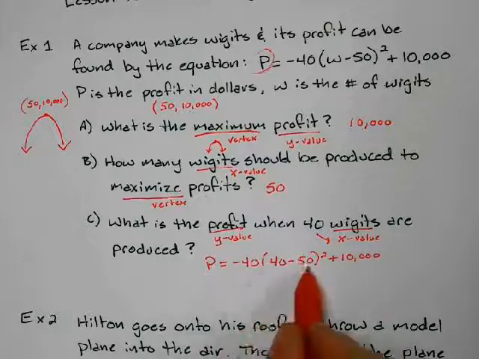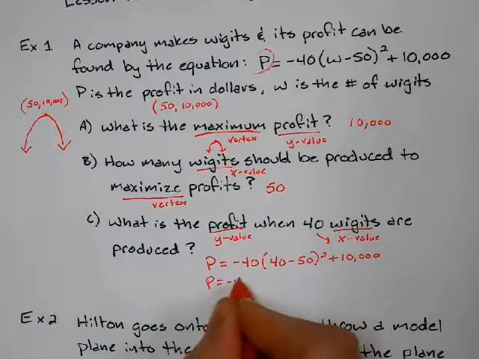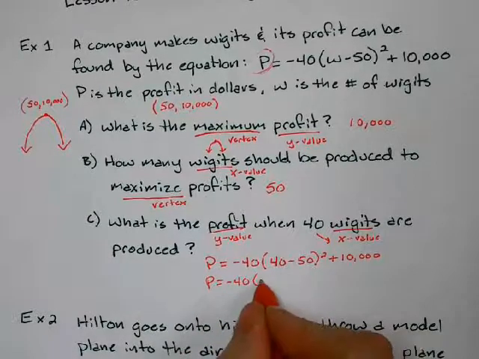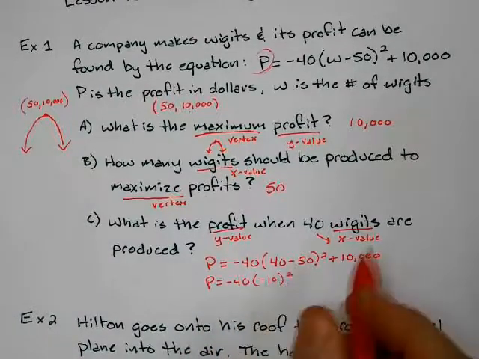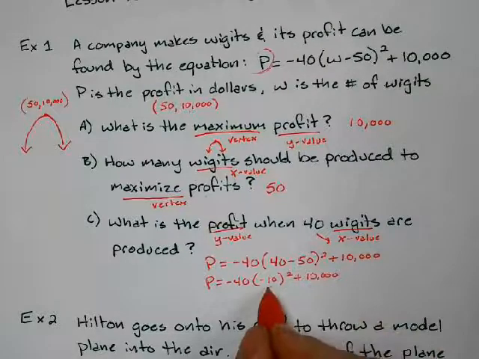So I would do order of operations. I'd do this first. So I'd get P equals negative 40 times negative 10 squared plus 10,000. Negative 10 squared, so negative 10 times negative 10 is 100.